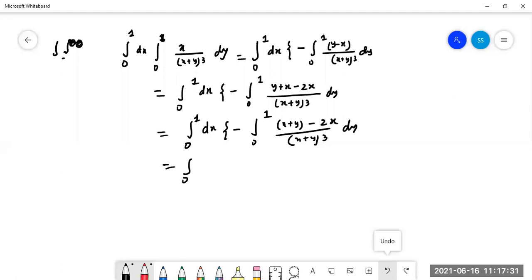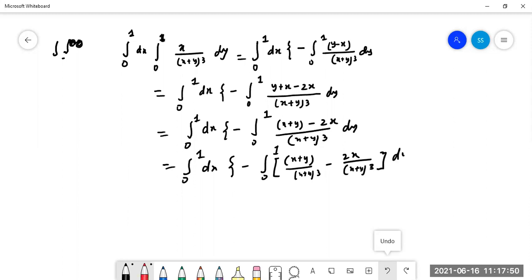So it can be written integration 0 to 1 dx within the bracket 0 to 1, here we are taking (x plus y) by (x plus y) whole cube minus 2x by (x plus y) whole cube, whole thing dy, right?